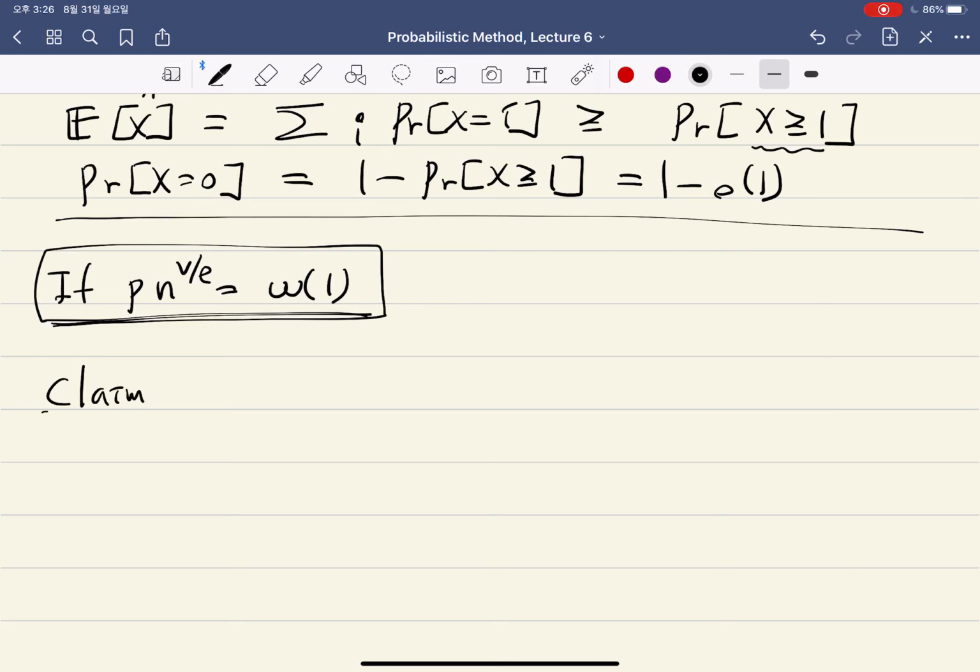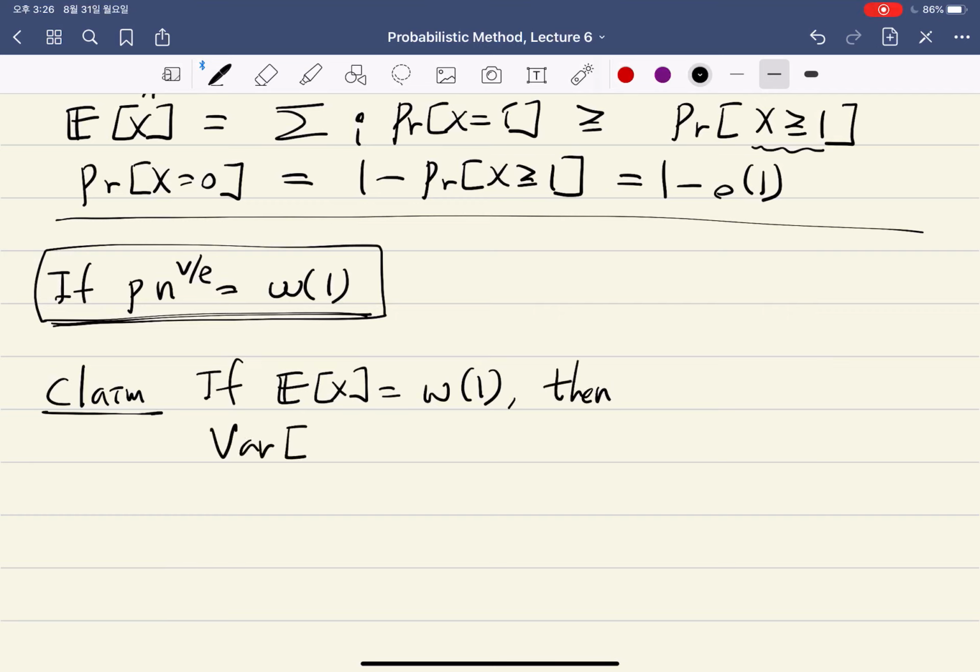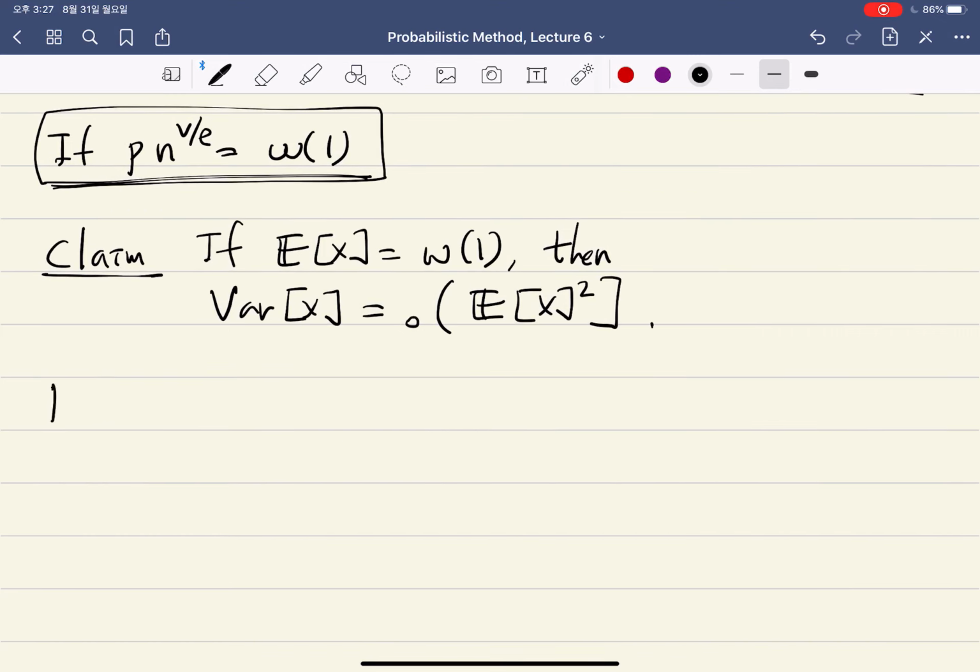As I mentioned before, for that we want to show that if this expectation goes to infinity as n goes to infinity, then its variance is much smaller than the expectation squared. Then we can apply Chebyshev's inequality.